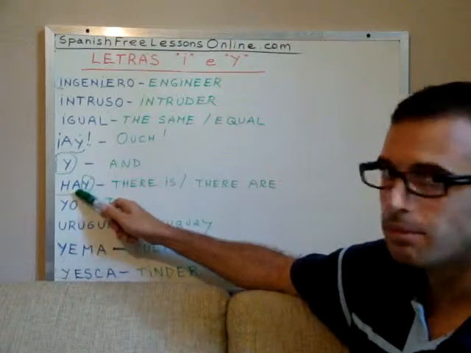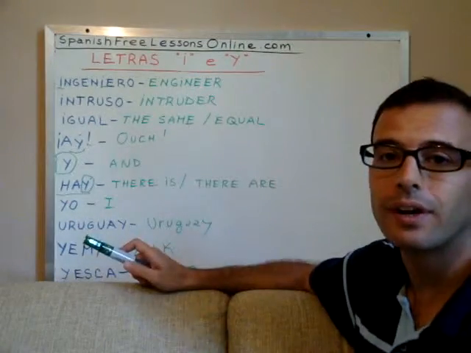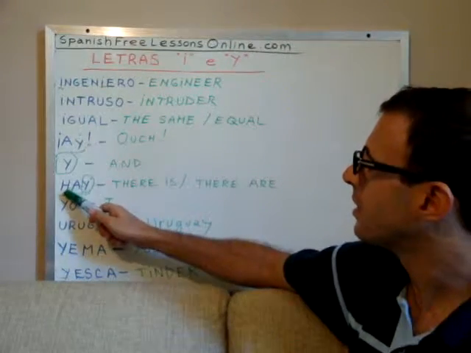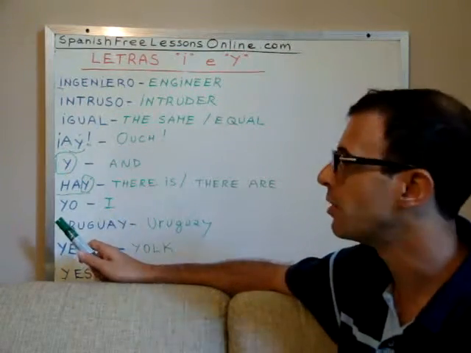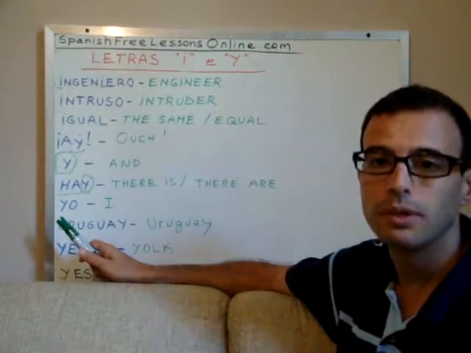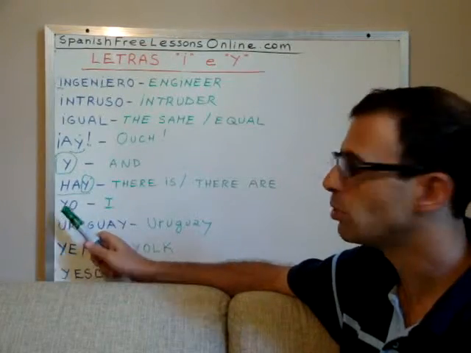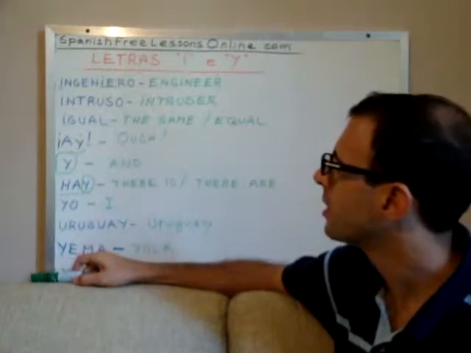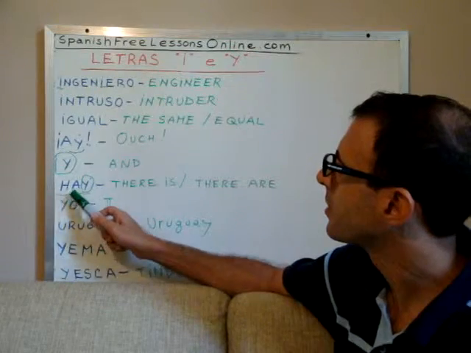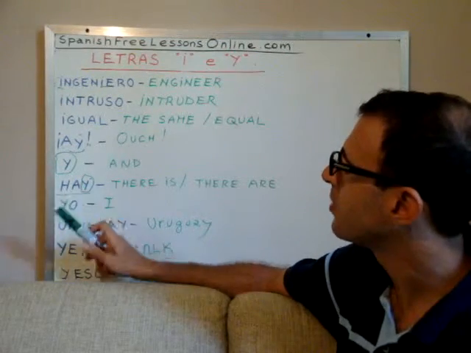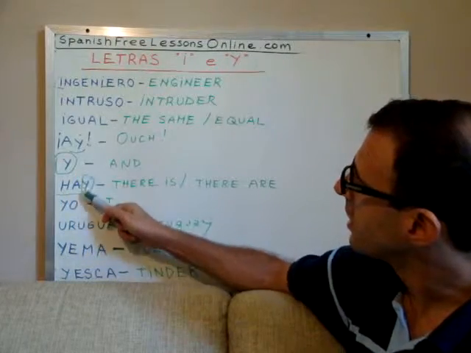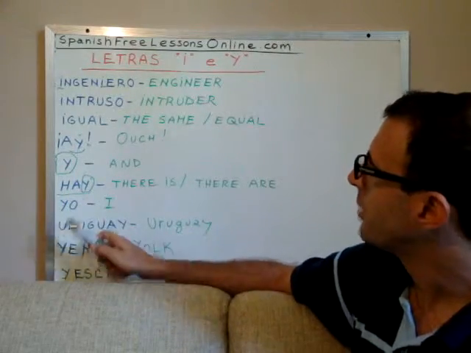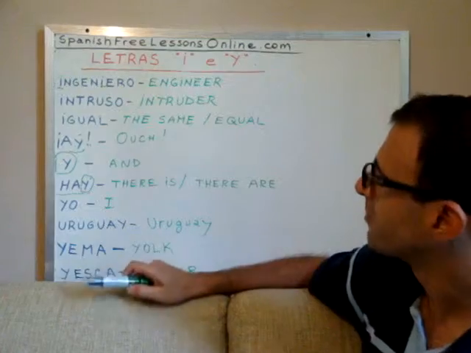So, hay means there is or there are. And it is a special conjugation of the verb haber, to have. So, here, Y is read like I.